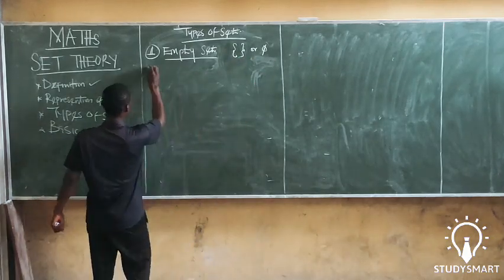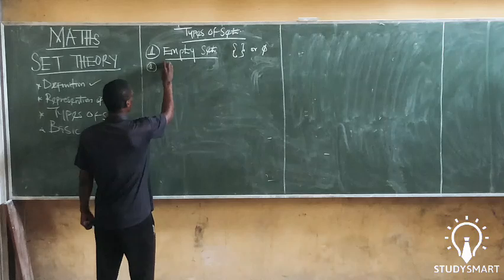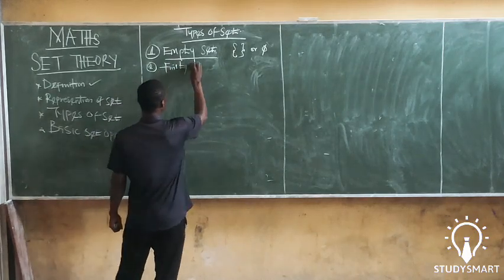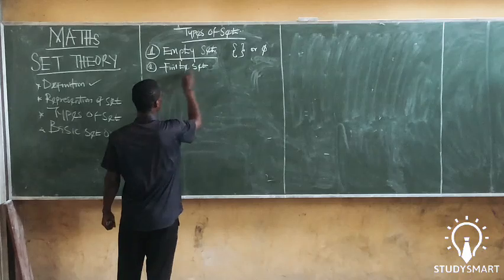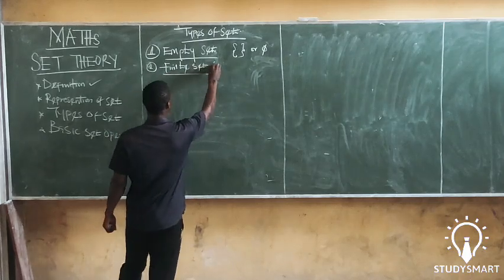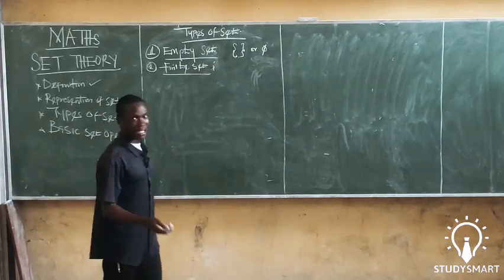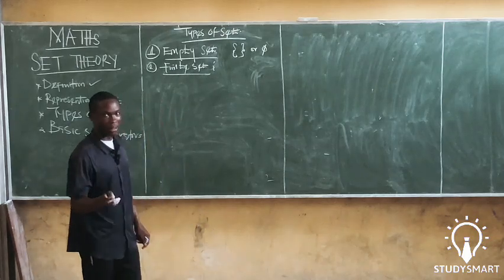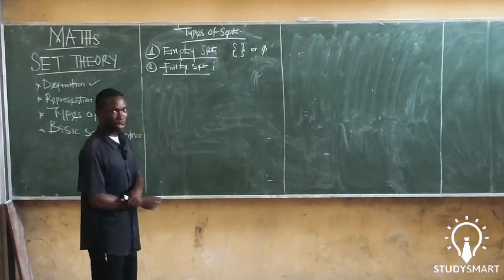The second type of set we are going to be talking about is the finite set. A finite set is a set that has a limited number of elements.